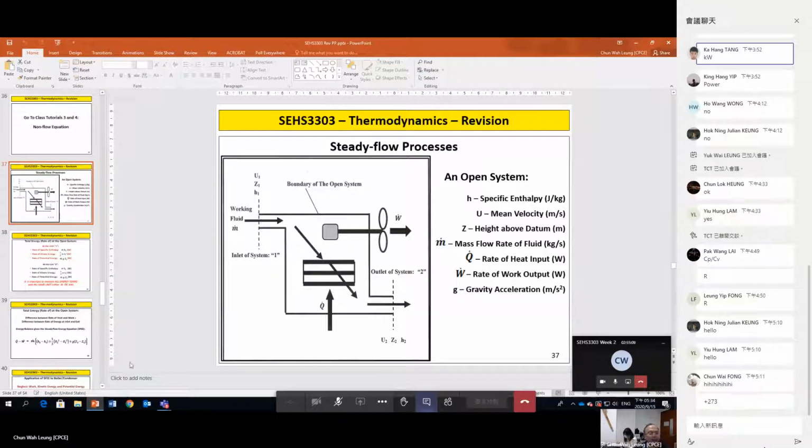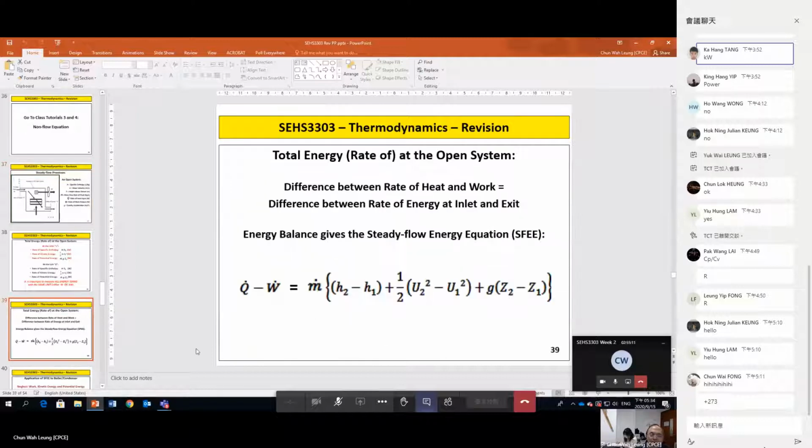So based on this energy balance, the energy input as heat and work, but be careful, always with a dot on top because we are talking about per second, will be equal to the mass flow rate times the difference in enthalpy, the difference in kinetic energy, and the difference in potential energy. They must be equal in order to keep a constant energy level.